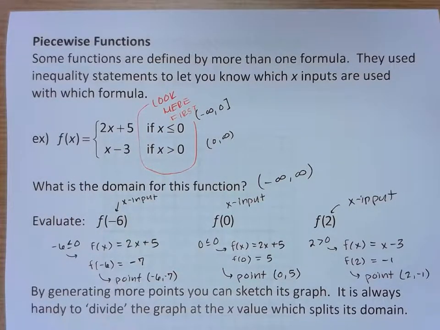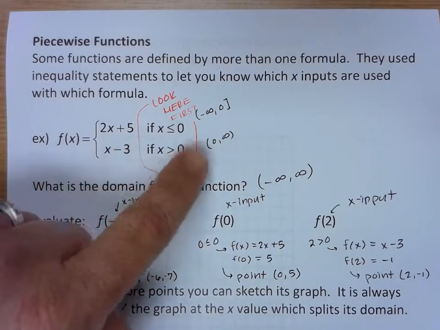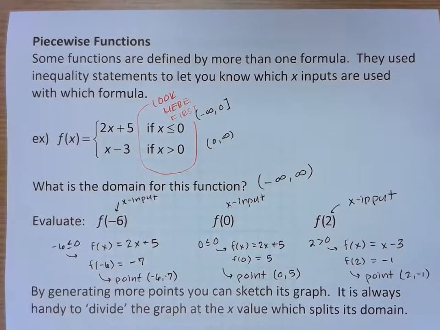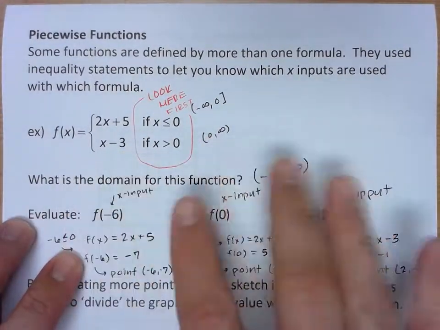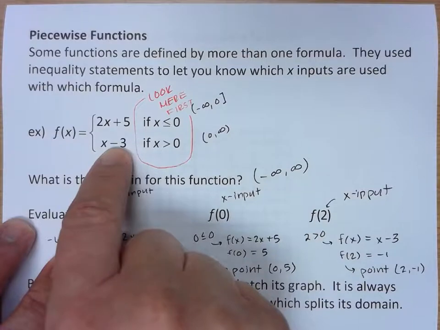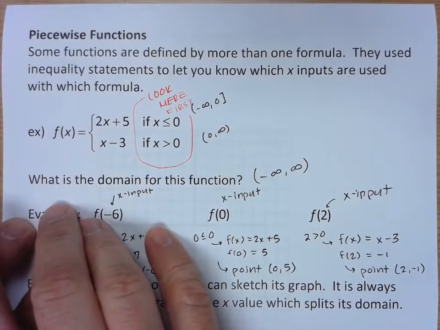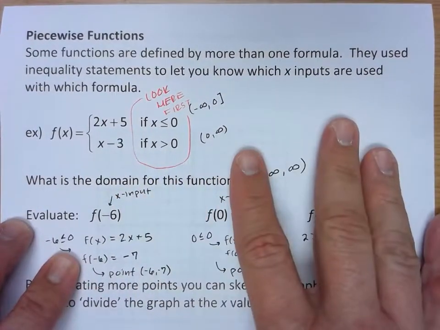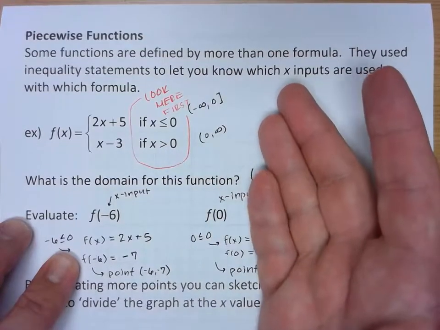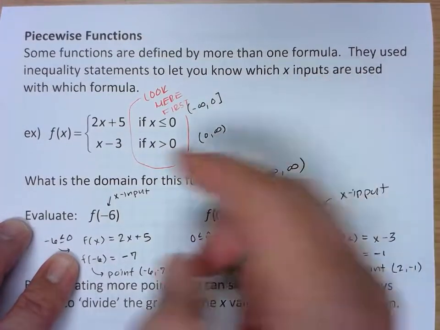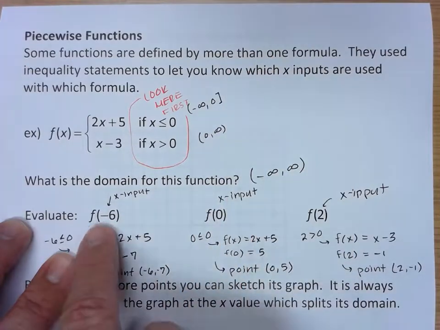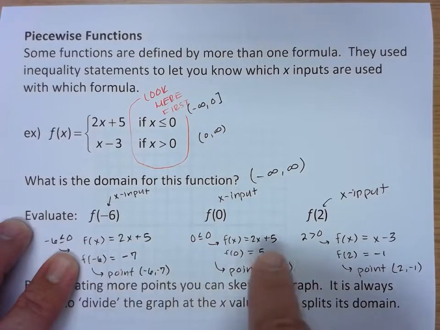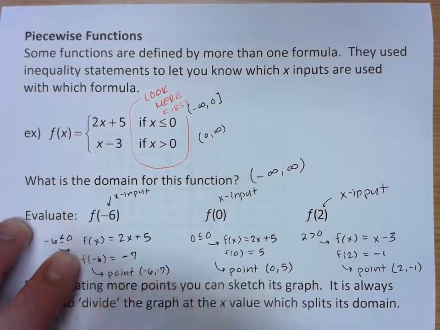And whichever inequality it actually matches up with tells you which piece of the function to use to generate the output there. So under no circumstances will you ever use both pieces for the same input. That's not the way a piecewise function works, because that defies the definition of a function. You can't get two outputs for one input. Each of these inputs generates one and only one output.